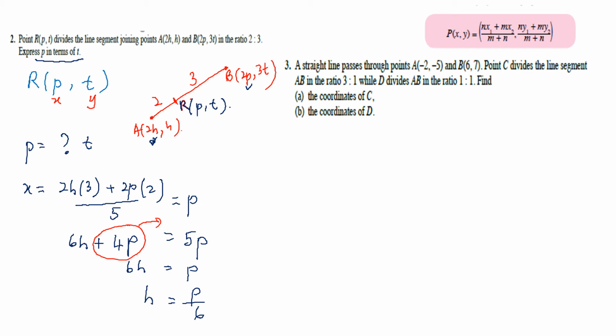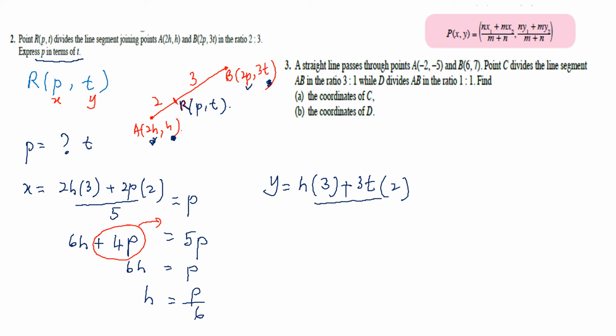Now I continue with Y. The first coordinate Y is H. So H multiplied by the opposite ratio, which is 3, plus the second one, 3T, multiplied by 2.